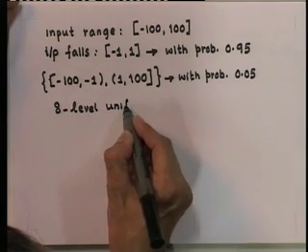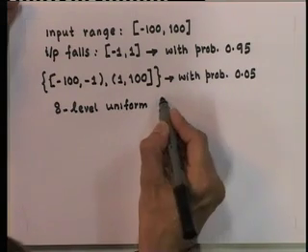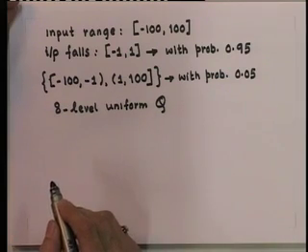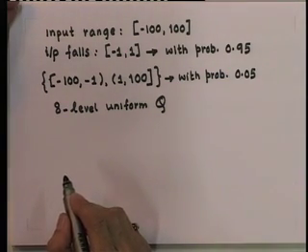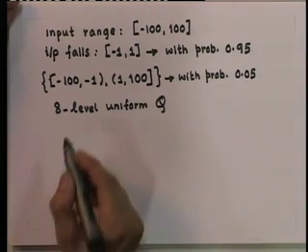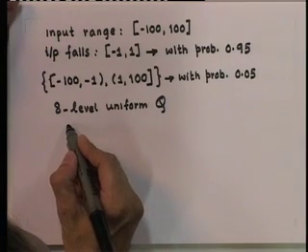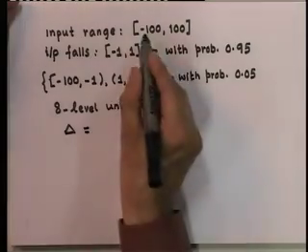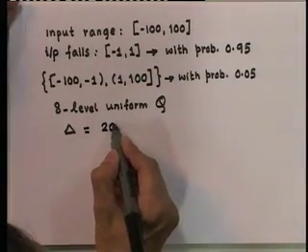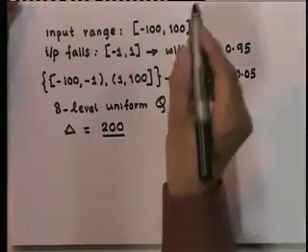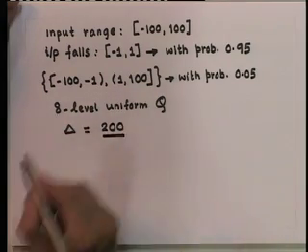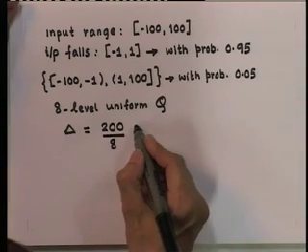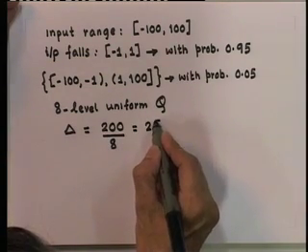Now, let us design an 8 level uniform quantizer. If we follow the procedure which we discussed in the earlier class and obtain the step size, that is delta, as the input range, that is 200, divided by the number of levels of the quantizer, that is 8, we get equal to 25.